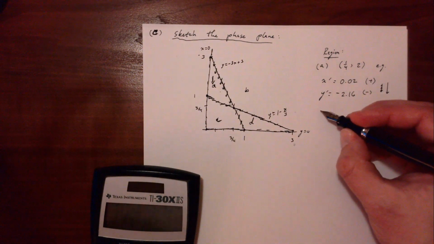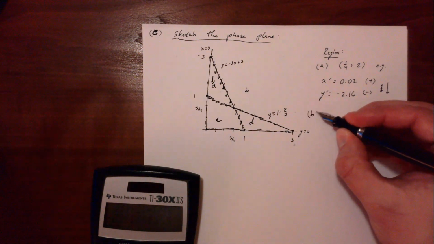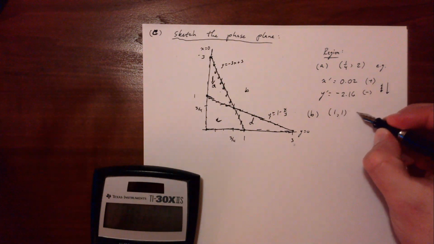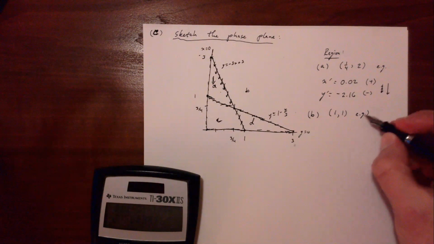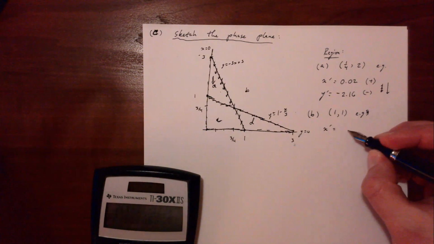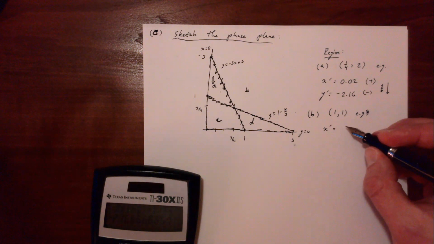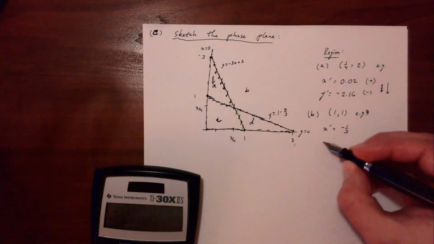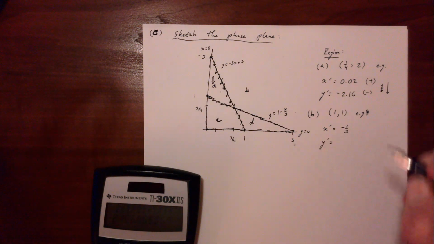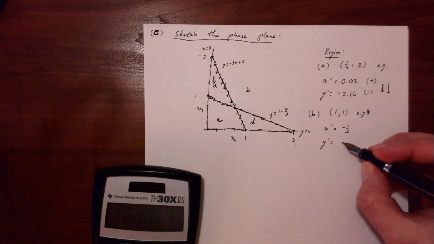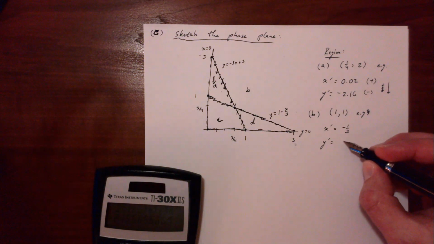And then for B, I just need a point representative of that, and let's just say 1, 1. So then x prime is going to equal 1 times 1 minus 1, which is 0, minus 1/3, so negative 1/3. Y prime is the same thing.